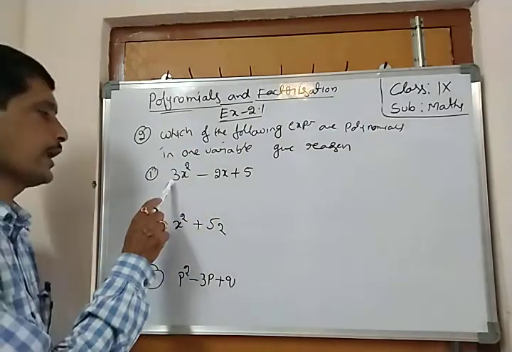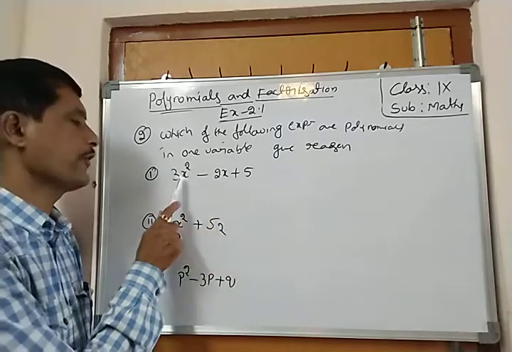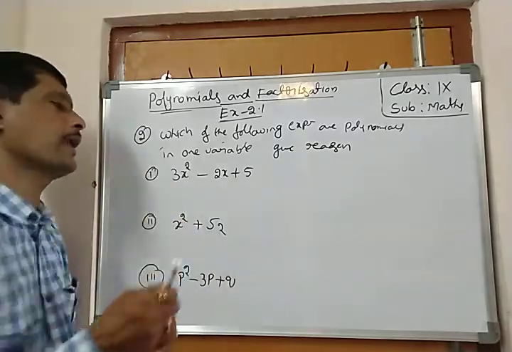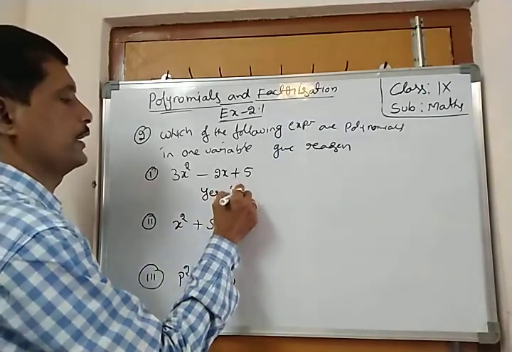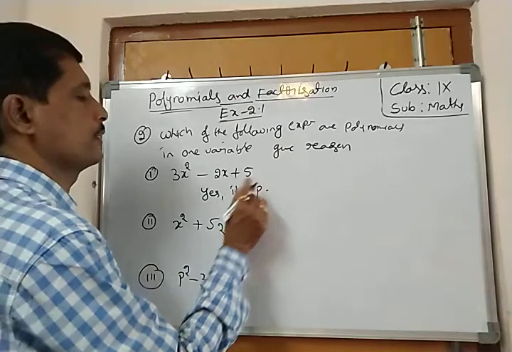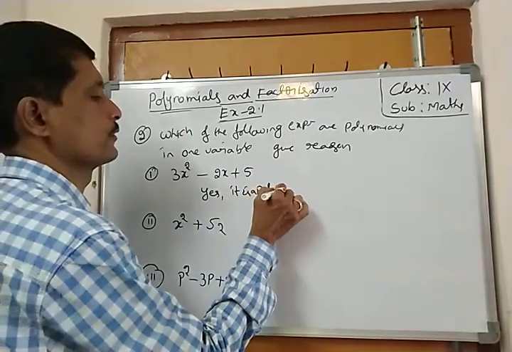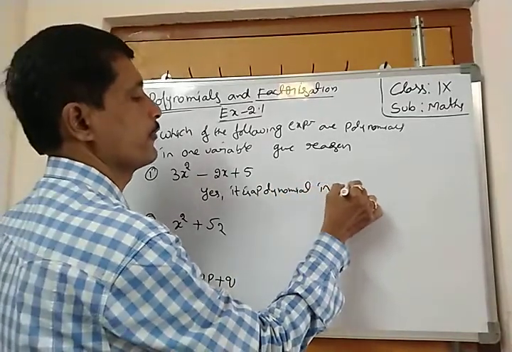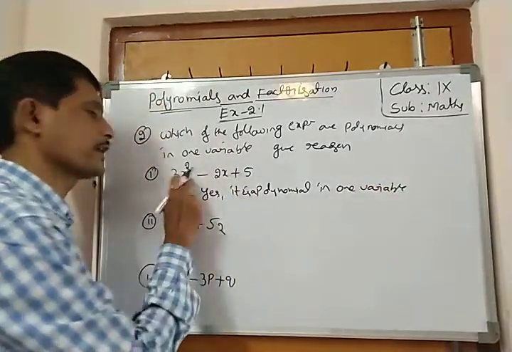See, here which of the following expressions are polynomials in one variable, and give reasons. See, here 3x square minus 2x plus 5. Here variable x is there, here also x, therefore yes, it is a polynomial in one variable, only the x variable.